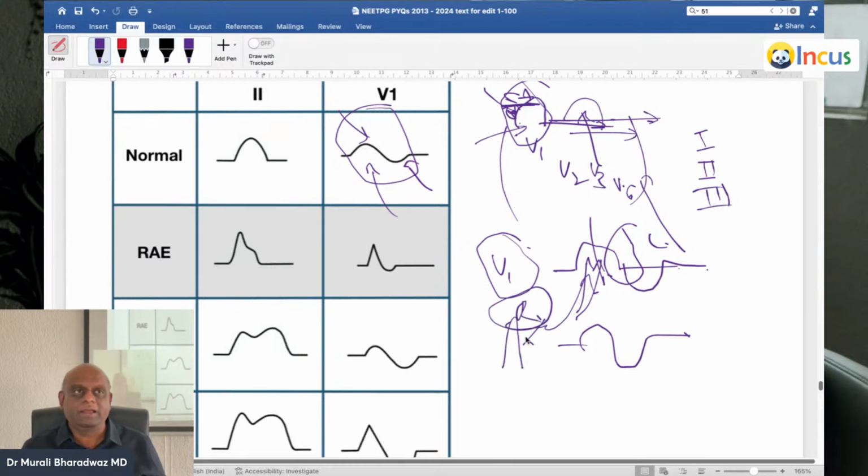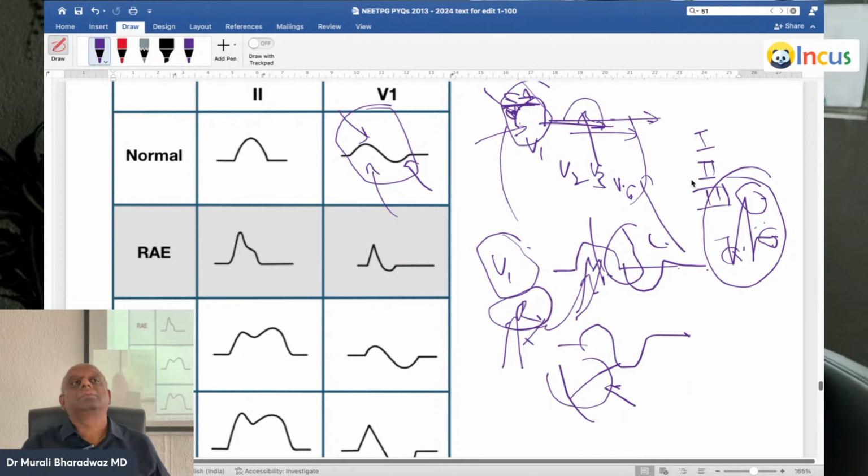That means the R wave will be positive, which represents the ventricular electrical activity. Ventricular electrical activity is represented by QRS. Q is a negative wave before R, R is the positive wave, and any negative wave after the R wave is called the S wave. So it is the R wave which is prominent in lead 2, because that represents the electrical axis of the heart.